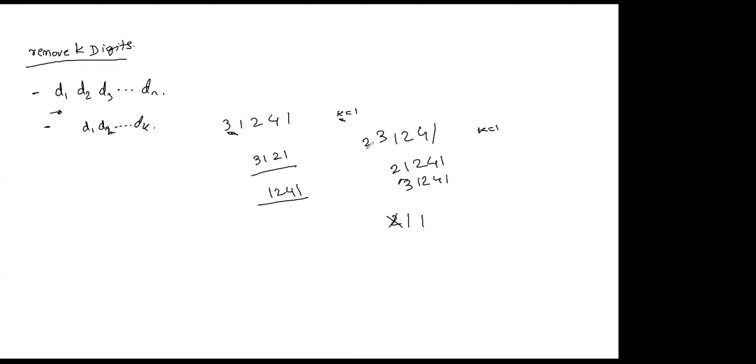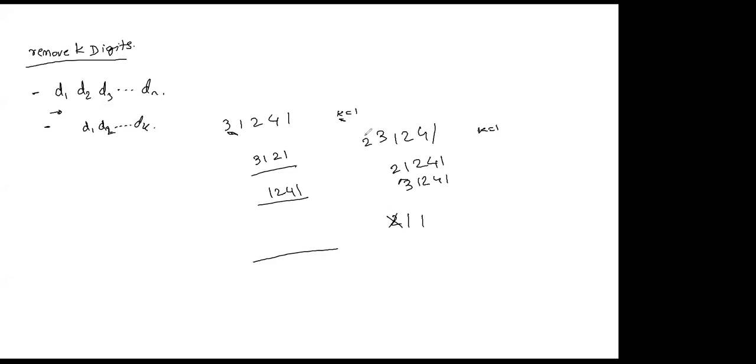So it's essentially like you have a stack, or you are finding the next greater element. For every element, you're finding the next greater element. So if all the elements are smaller, then it's fine. But what are you doing?